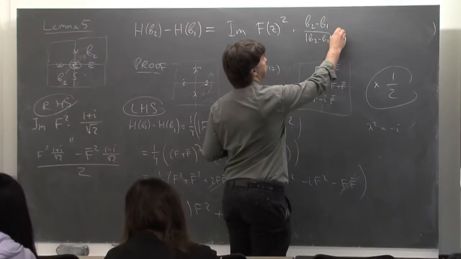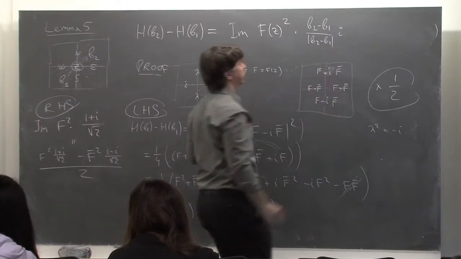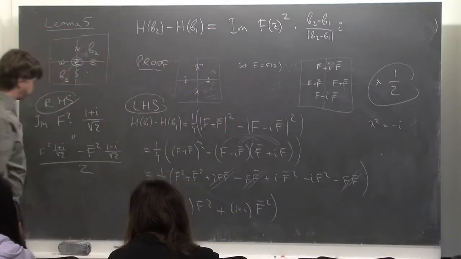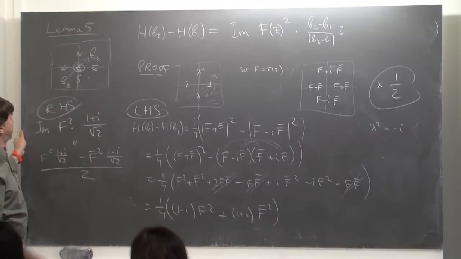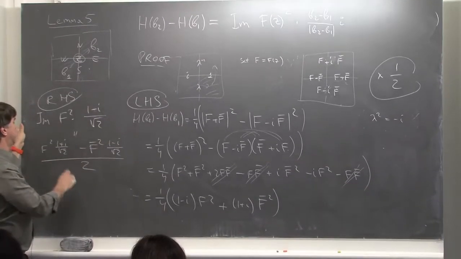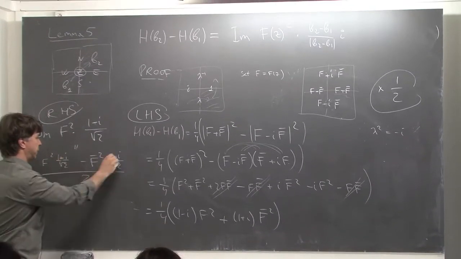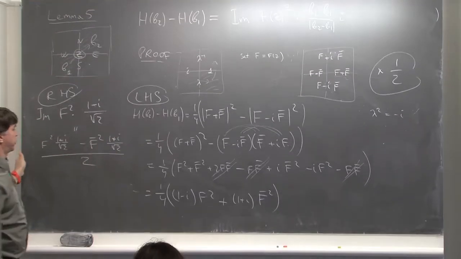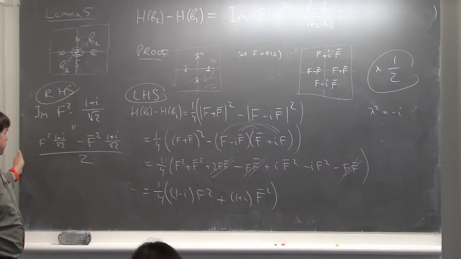I should probably put I here. If I put I here, then this would be the vector 1 minus I, and then it would be (1 minus I) minus f bar squared times (1 plus I).